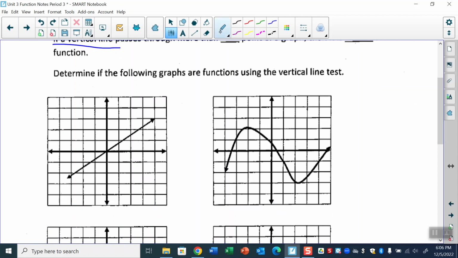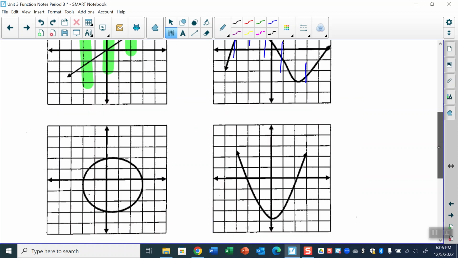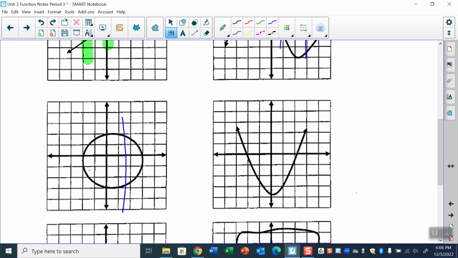All right, so if I'm using the vertical line test, vertical line, so I would say for this guy, I would say yes. That is a function. Okay, this one, vertical line. Yes, that is a function. Vertical line here, oh no. Okay, it crosses 1, 2 times.